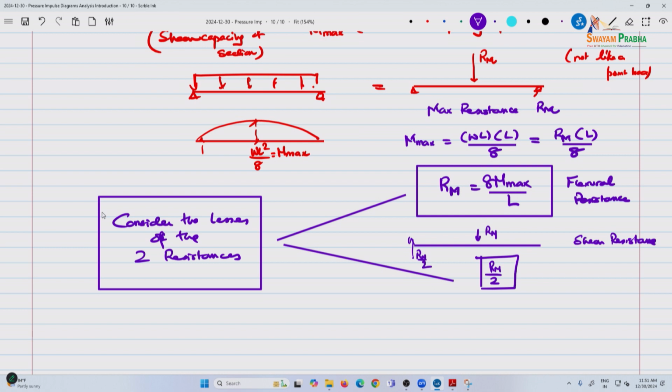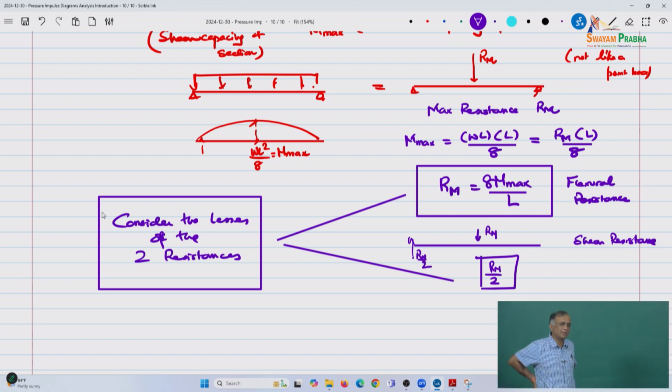What is an SDOF system, or the same question put two different ways: the SDOF system represents which response? Between these two, flexural or shear, which response does it represent? The flexure response, right? So it represents the bending response.